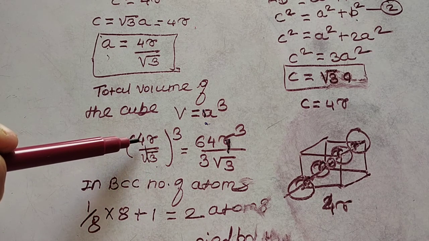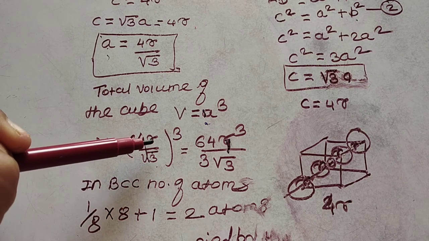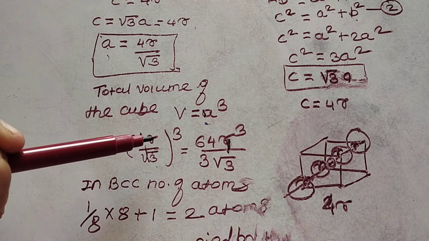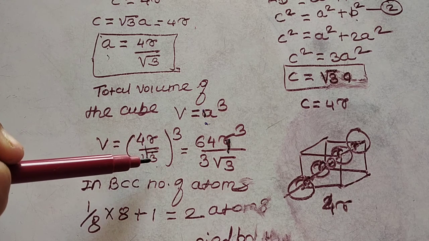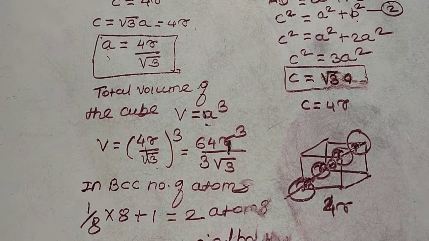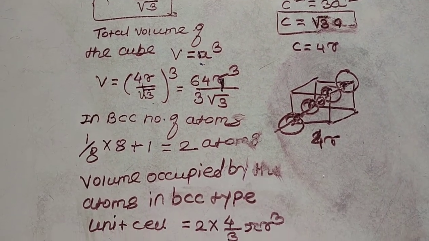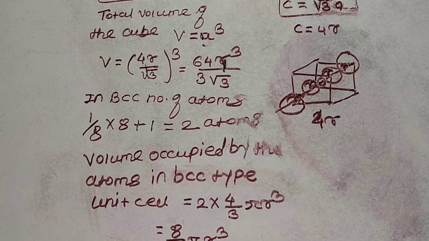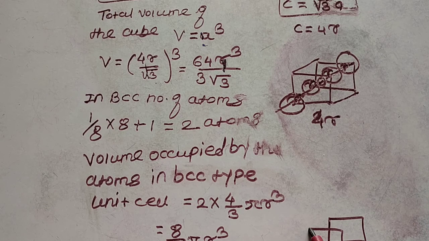Cube of 4 is 64. r cube divided by cube of root 3 is 3 root 3. In BCC, number of atoms is, you know that in BCC, total number of atoms present is 2.